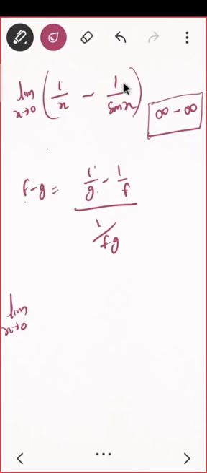What is g? That is 1 upon sin x. So it will be sin x minus x, correct? This will be sin x and that will be x, and in the denominator it will be 1 upon f into g. That means what? This will become what?